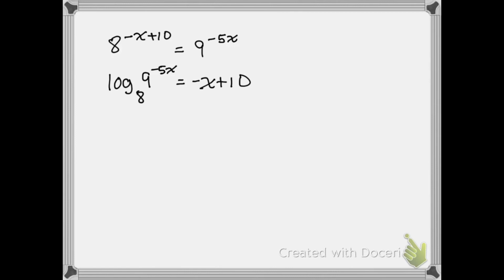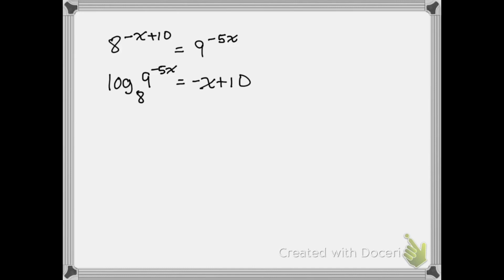So if you need to, go ahead and pause and see the application of the definition of a logarithm, how I took log base a of b equals c, and I converted to that. I started off with a to the c equals b.